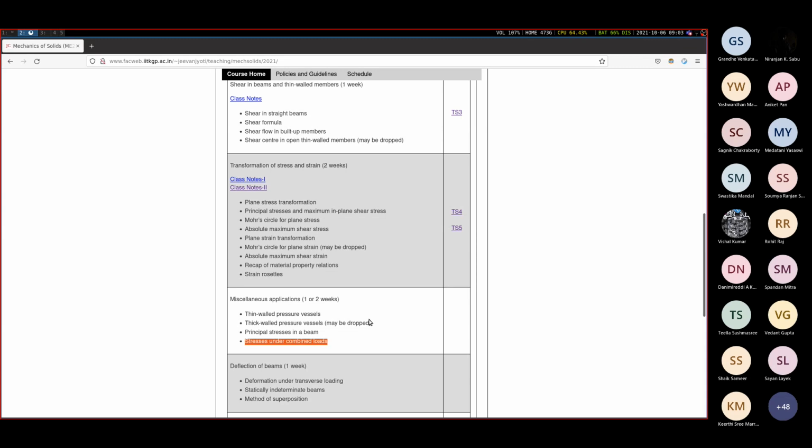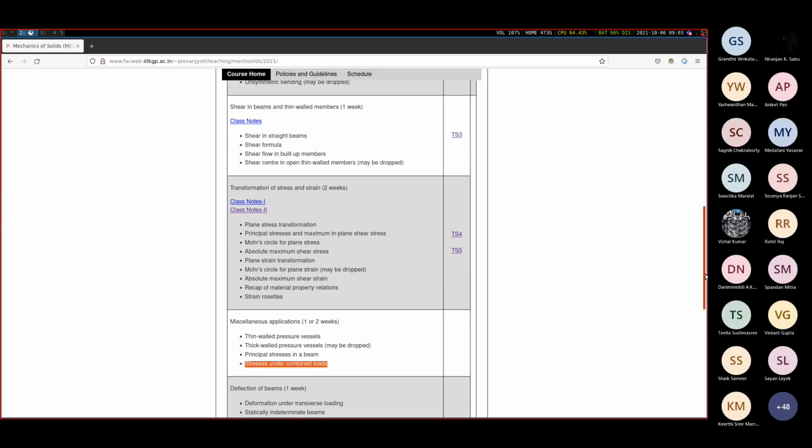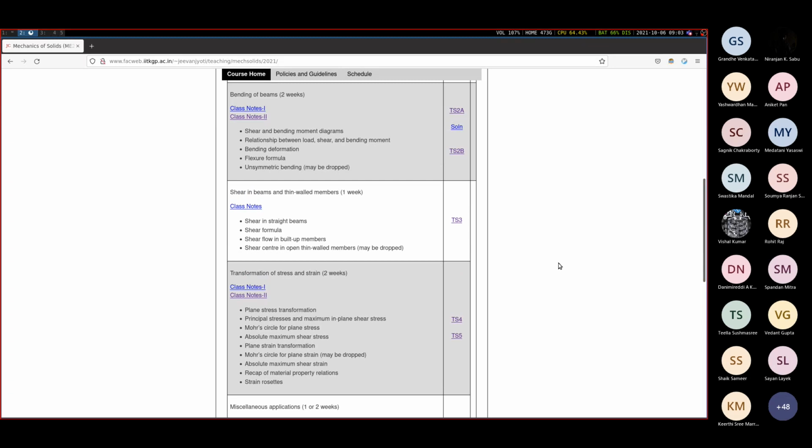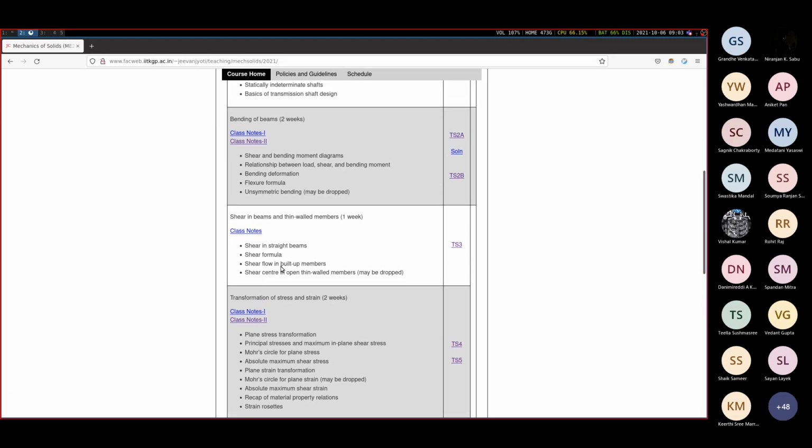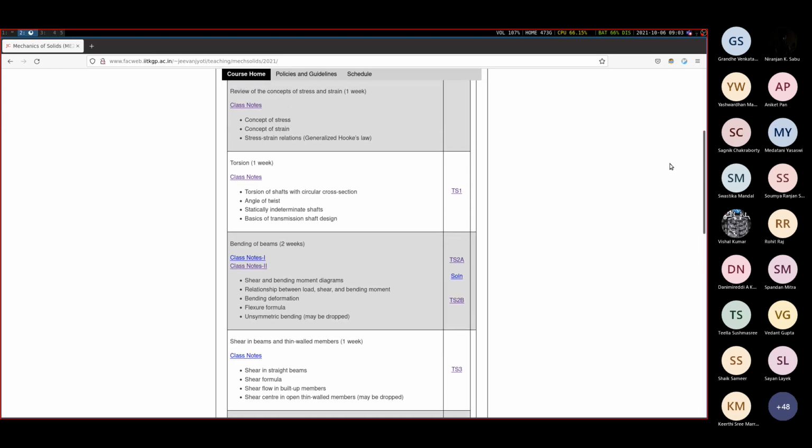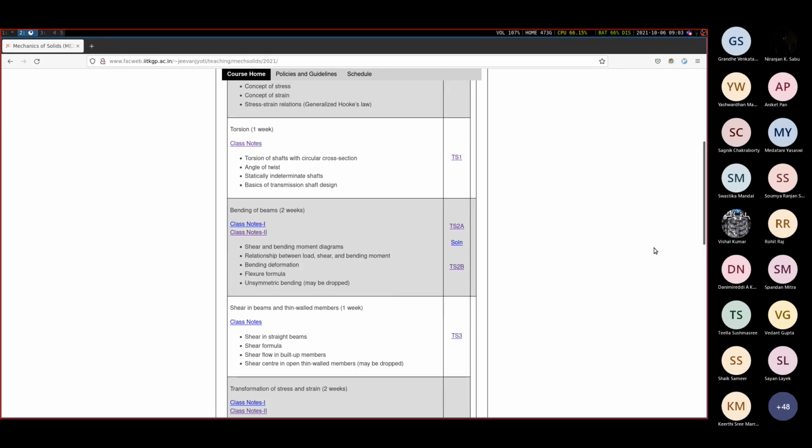Stresses under combined loads is the topic which will bring all the things together. For instance, we can cover problems which will involve shearing stresses, not just due to bending as you have studied here, but also shear stresses which arise because of torsion. Because you remember that in torsion, the stresses which you calculated using the formula TR by J were shear stresses. In the shear of beams also, you ended up calculating tau XY or tau XZ in beams.